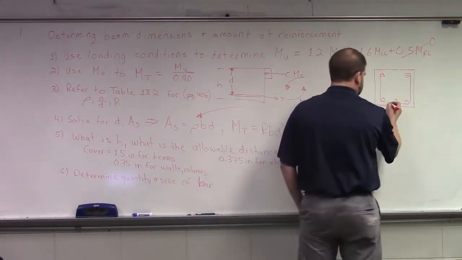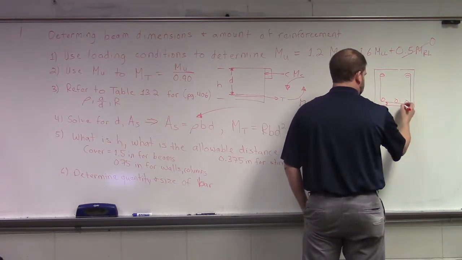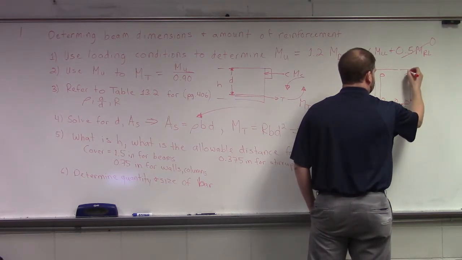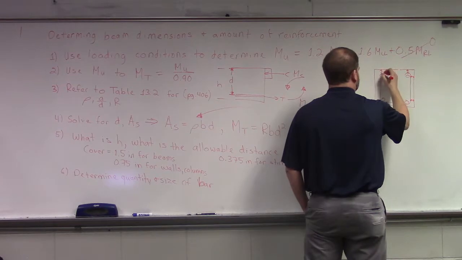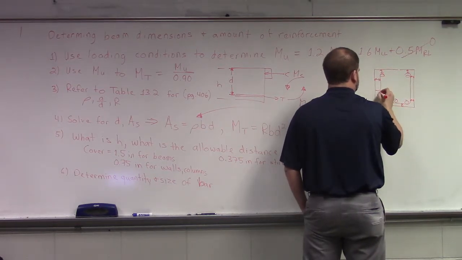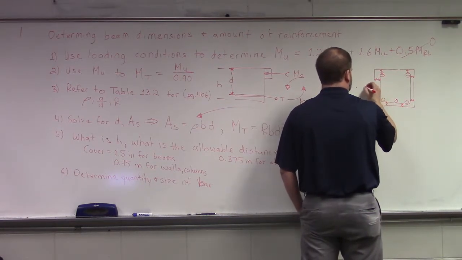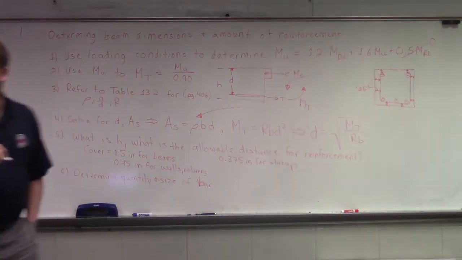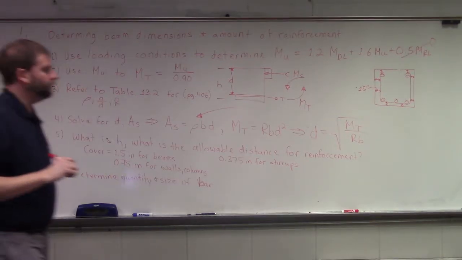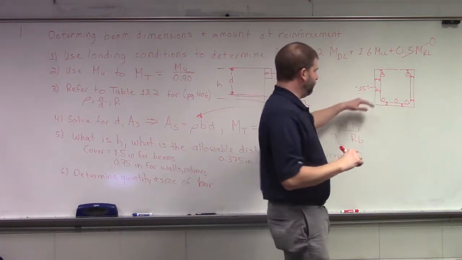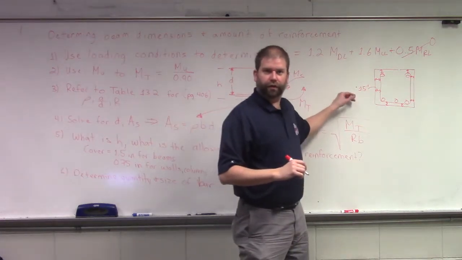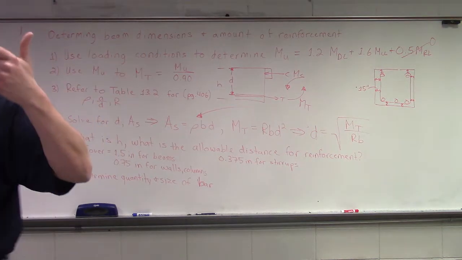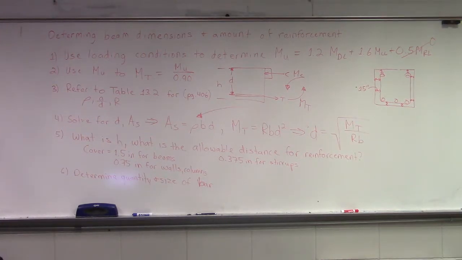And so remember that all these dimensions have to be 1.5 inches to meet the code. Okay? And so also keep in mind when you're working with your width, you have to multiply your cover by 2, you have to multiply your stirrup width by 2, right? To reduce your allowable dimension.